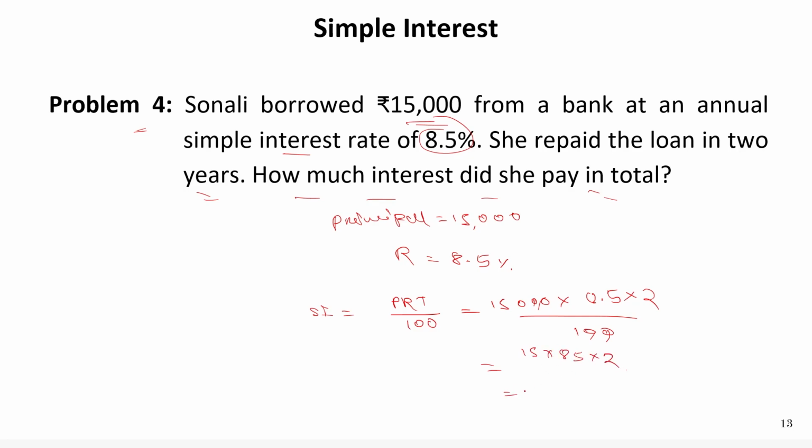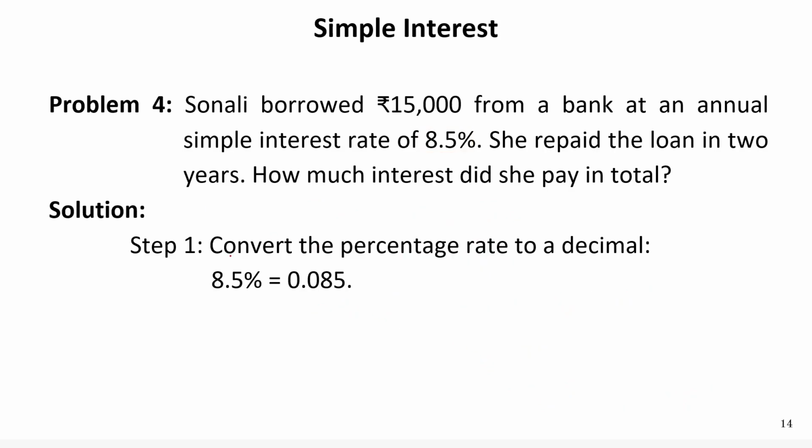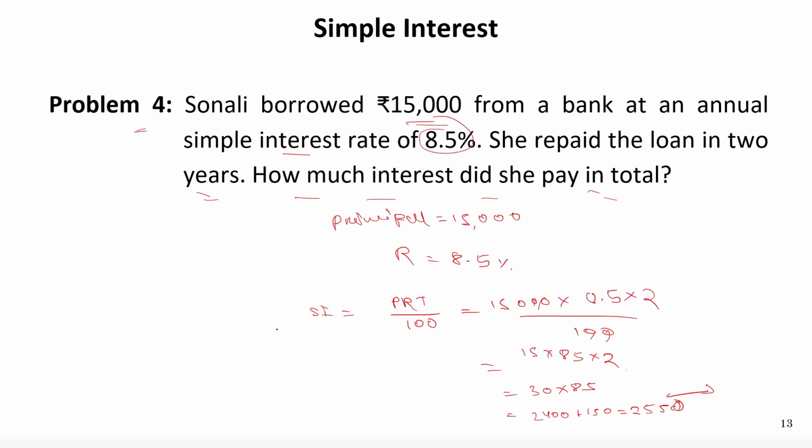So it is equal to 30 into 85. 30 into 80 is equal to 2400 plus 5 into 30 is equal to 150, so 2550. So this much amount of interest you will pay. This is done by method 1, right?